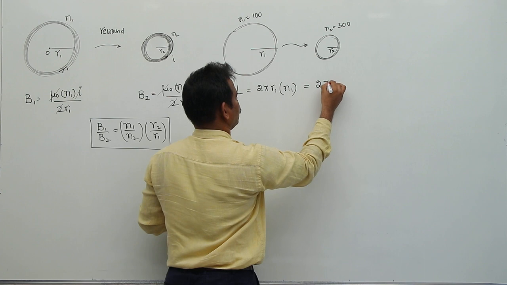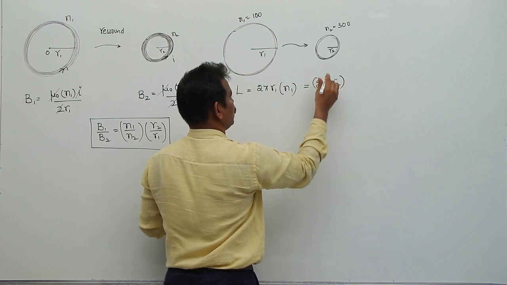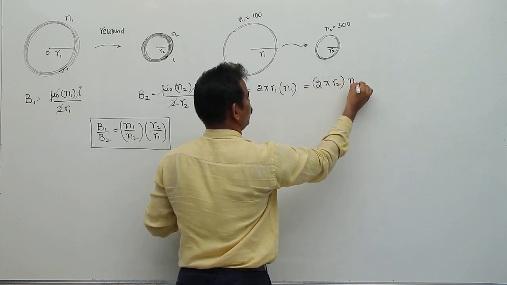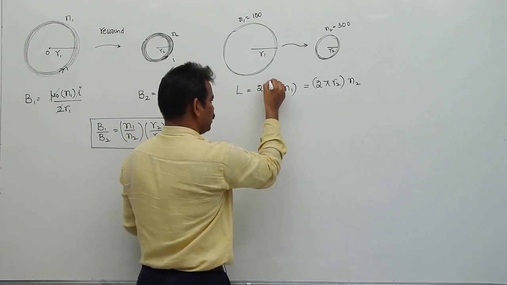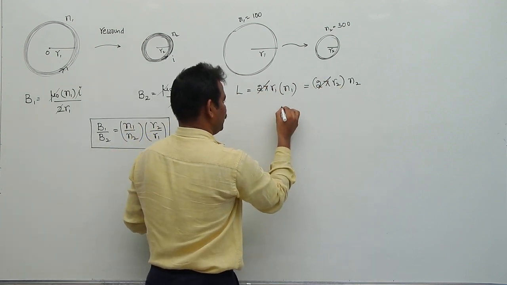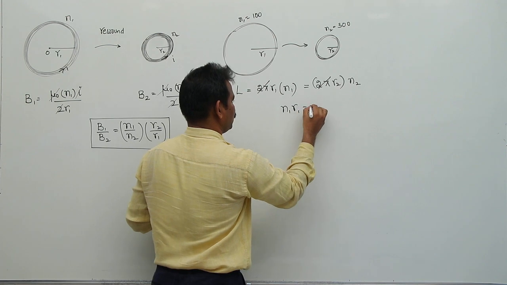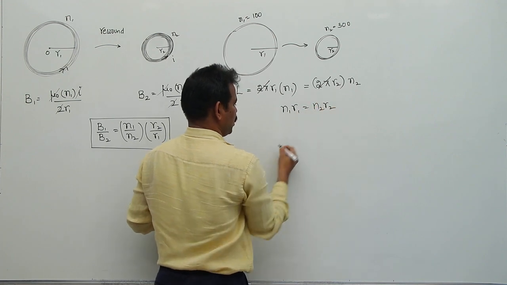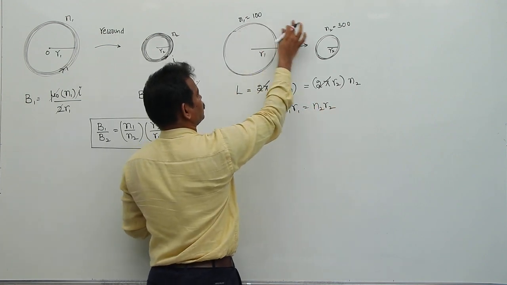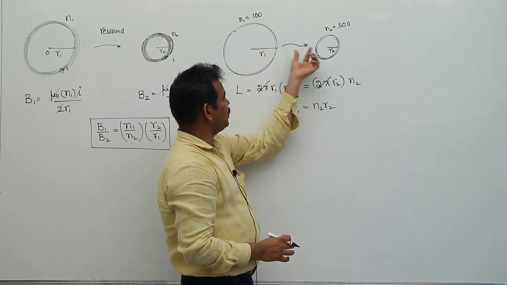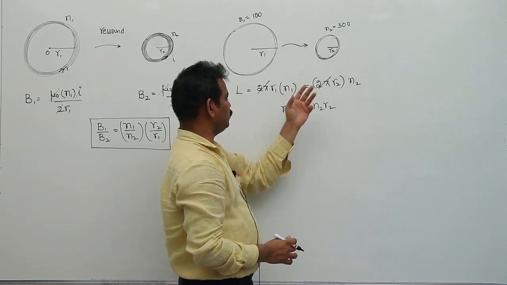So we can write 2 pi R2 is the new circumference and the new number of turns is N2. You can cancel 2 pi and 2 pi. So N1 R1 is equal to N2 R2. When the number of turns increases by 3 times, the radius decreases by 3 times. Why? Because the length is constant.